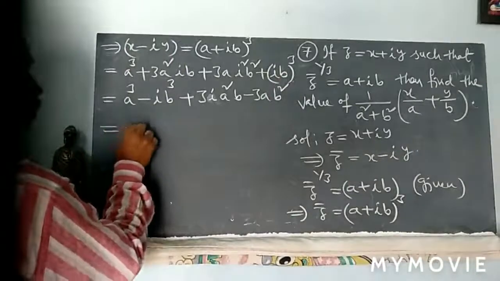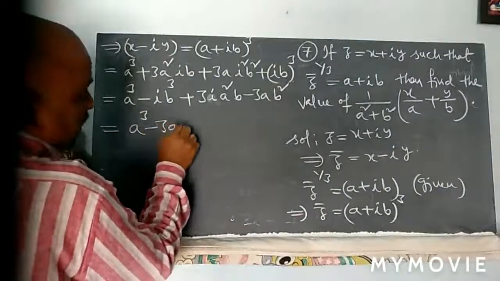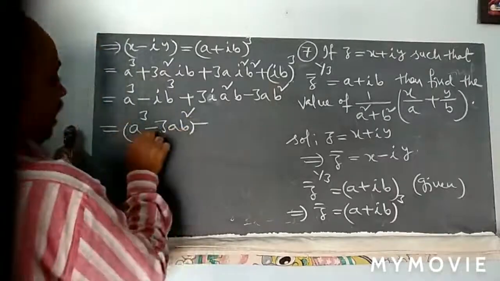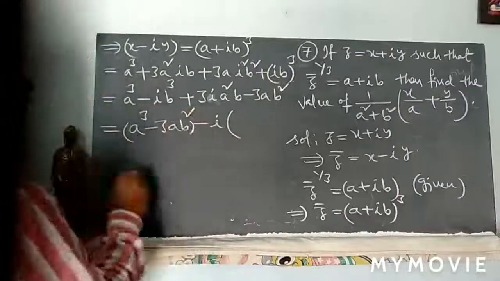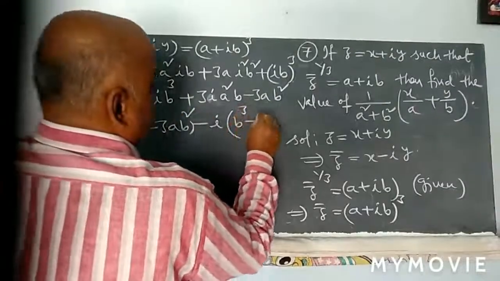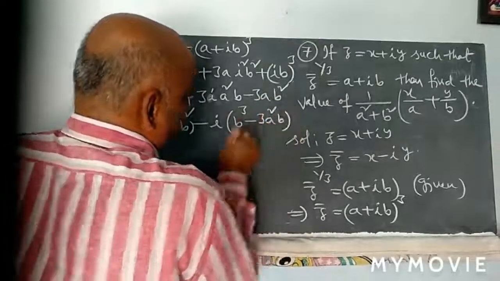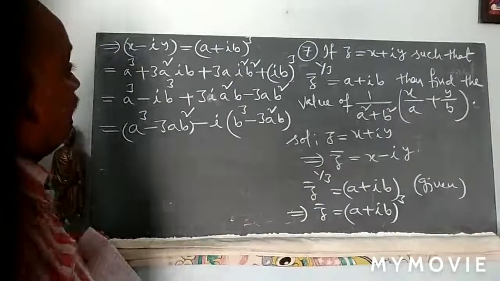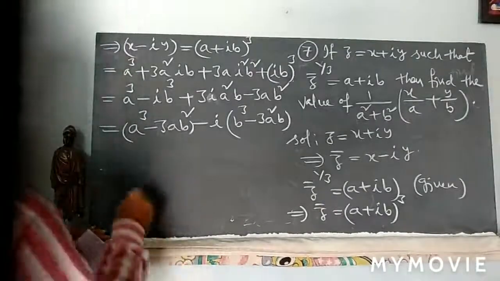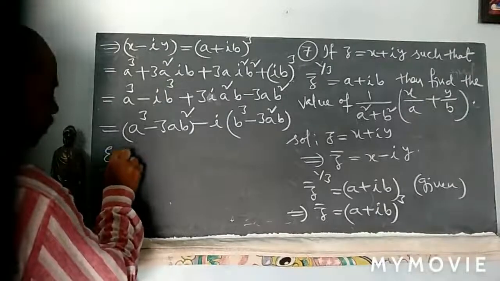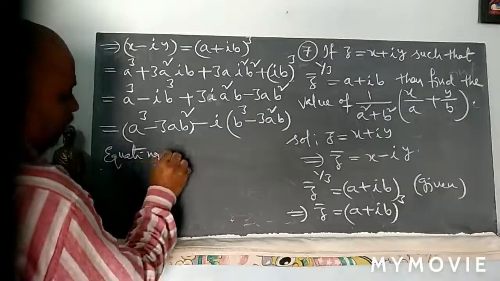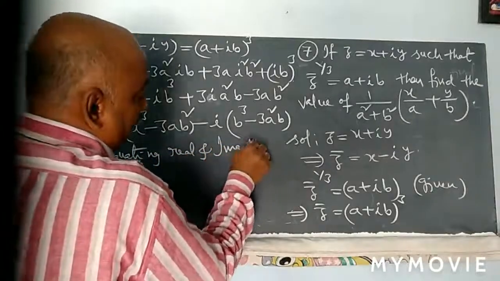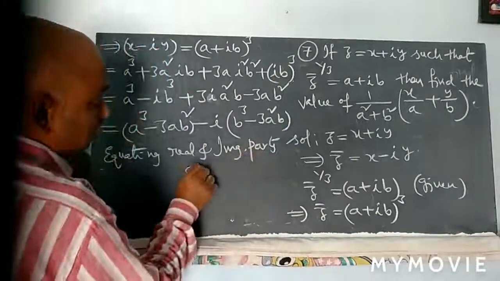So this is equal to a cube minus 3ab square minus i, where i is common, times (b cube minus 3a square b). Now comparing the real and imaginary parts on both sides, so equating real and imaginary parts on both sides.